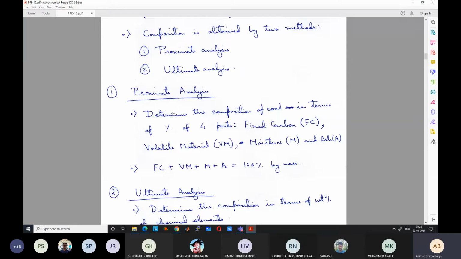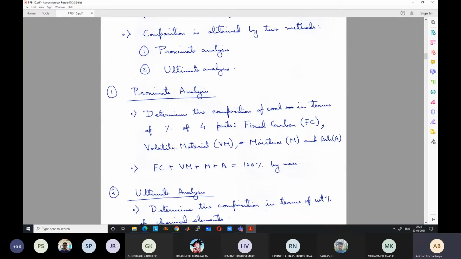That is considered as one component. Then if we heat it at a higher temperature for a certain amount of time, again depending on the coal, there are some volatile materials, some hydrocarbons, which will go out in a gaseous form.